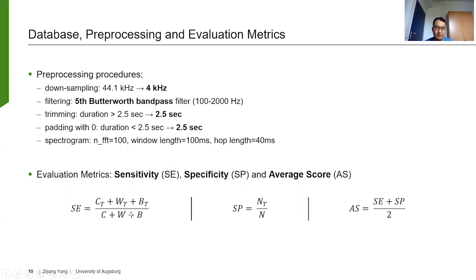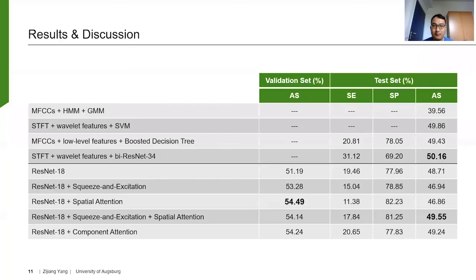And CWB means the total number of the crackle, wheeze, and both samples. In specificity, NT and N mean the correctly classified normal samples and the total number of the normal samples. The average score is the mean of the sensitivity and specificity.